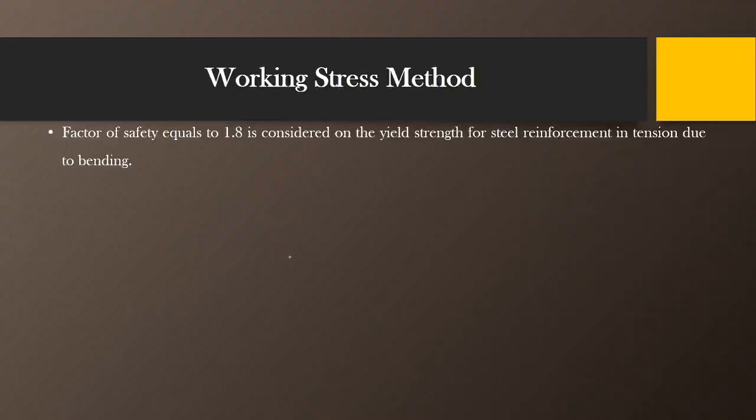Tension due to bending means whenever the concrete beam is subjected to flexural load, we know that the steel undergoes tensile stresses due to flexural action. So in that condition, the factor of safety will be considered as 1.8 for the steel. On the yield strength means it is the yield stress or proof stress, 0.2% proof stress.